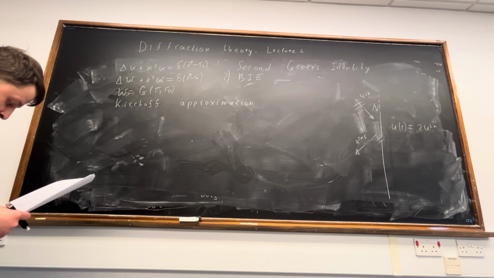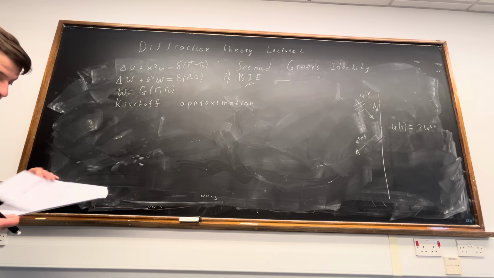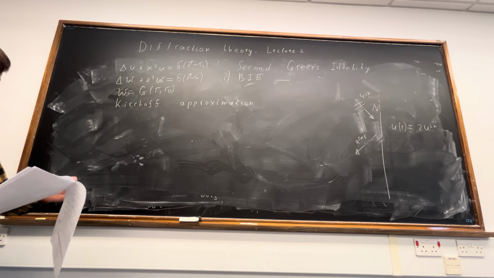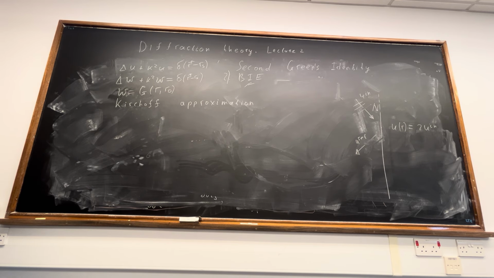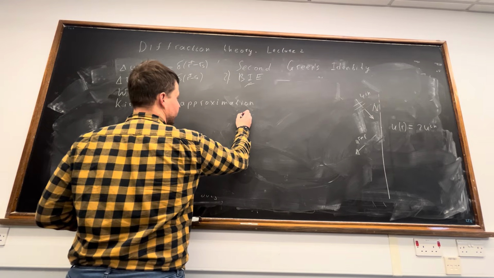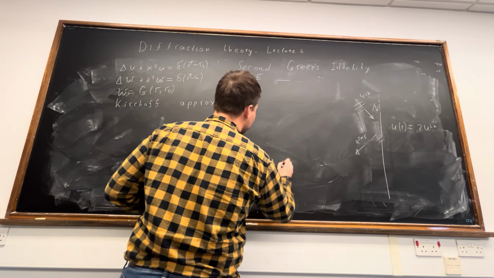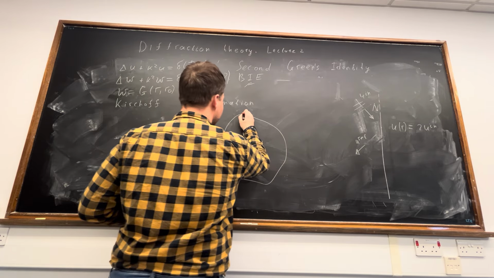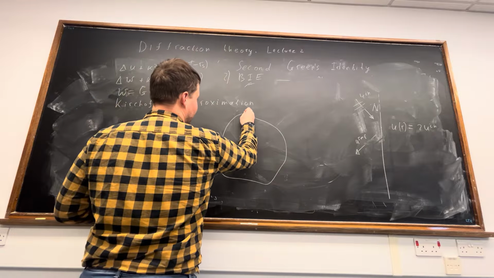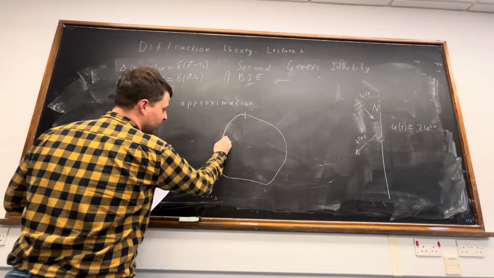And now I say, okay, probably that should be more or less true for an obstacle of any shape. And I consider a general situation. I usually have some smooth obstacle, and I say, fine, let's look at the field on the radiated part.